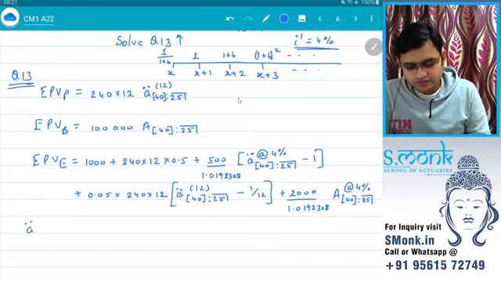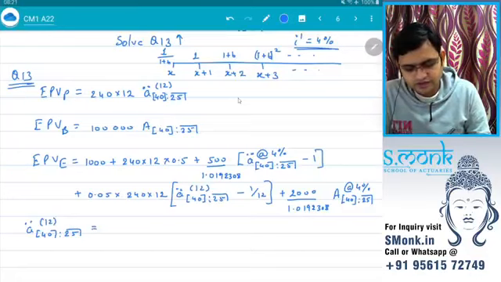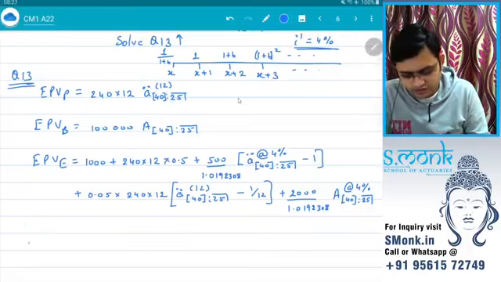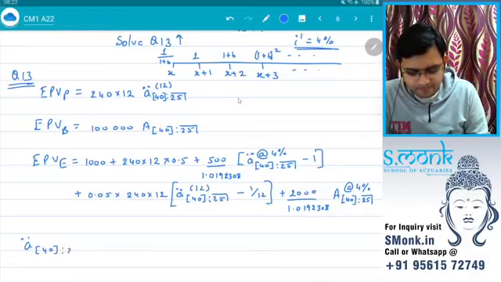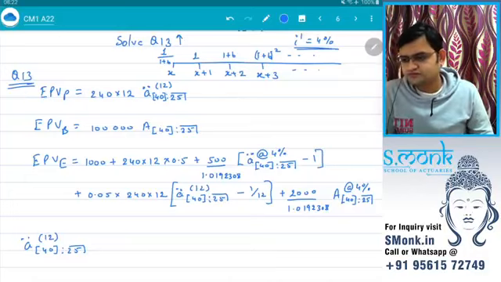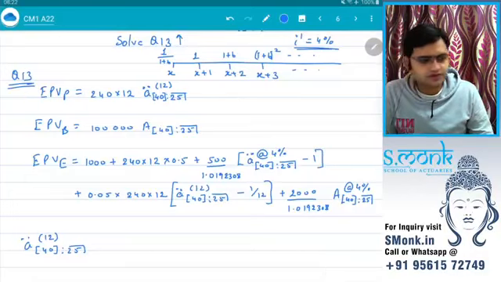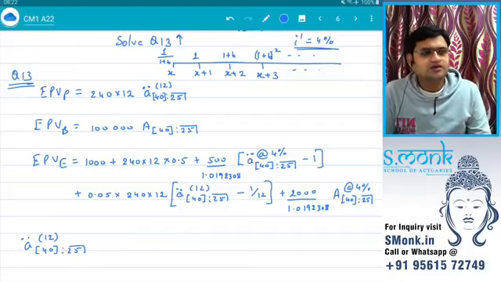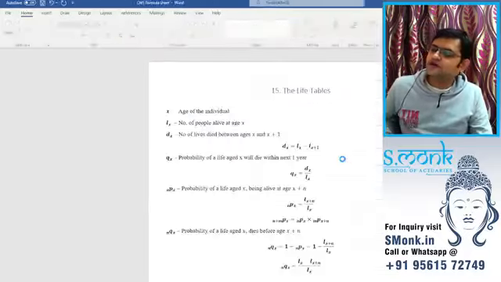So our A due, select 40:25, payable 12 times will be written as, I'll just write this a little more down. Let me just open the formula sheet so that we can refer to it.